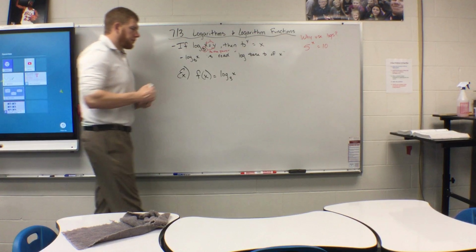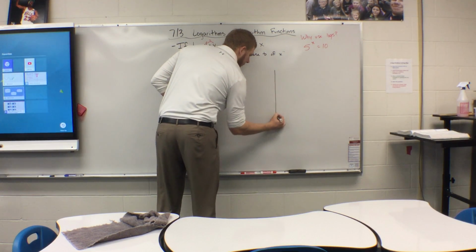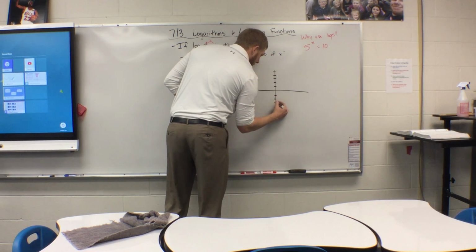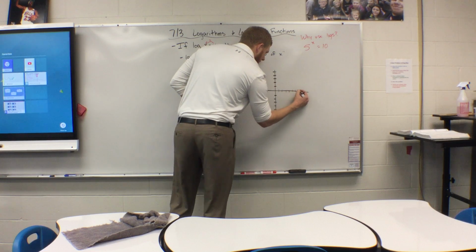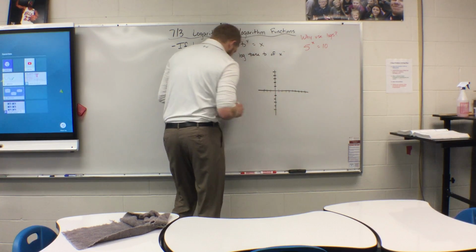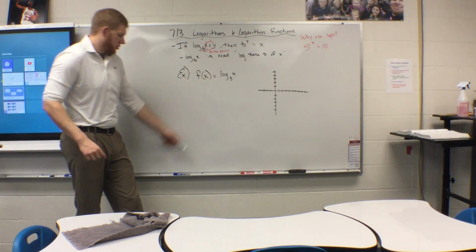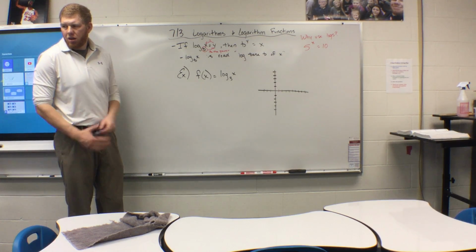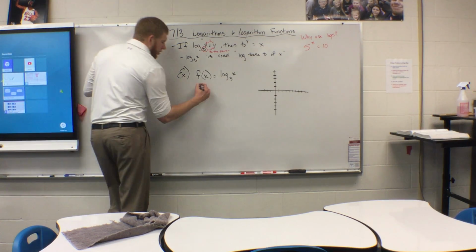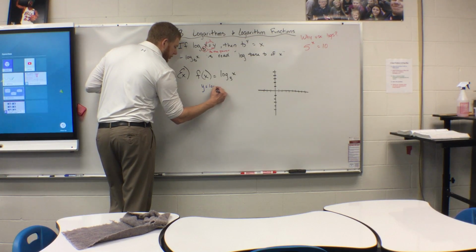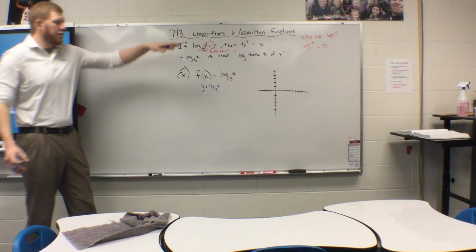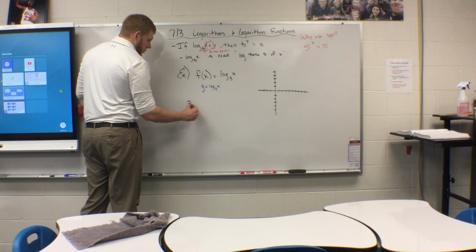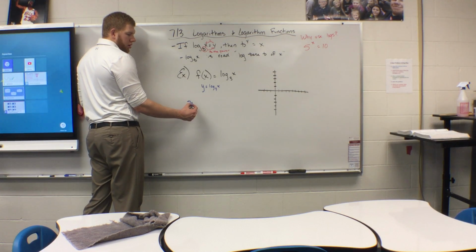Well, if I write this, f of x is basically the same as what? Y. So I could write this y equals log base 3 of x. So now, how would I write that as an exponential? 3 to the y equals x.